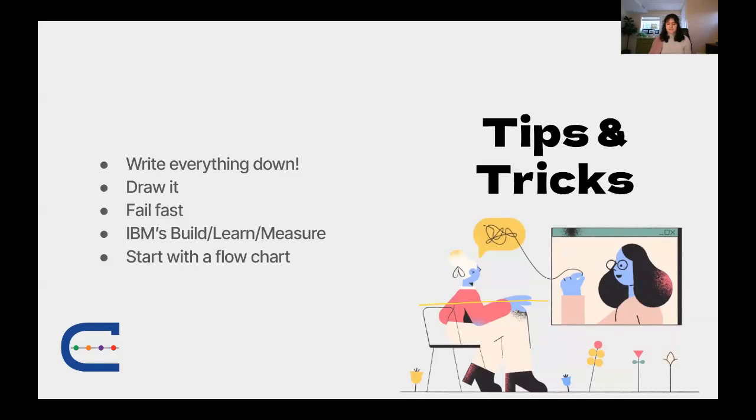And that can be really helpful when it comes to building your next prototype and your next iteration. I think a flowchart also really helps to map out how your user is going to interact with your design or how your design is going to respond to user inputs. And we can get into that in a little bit.